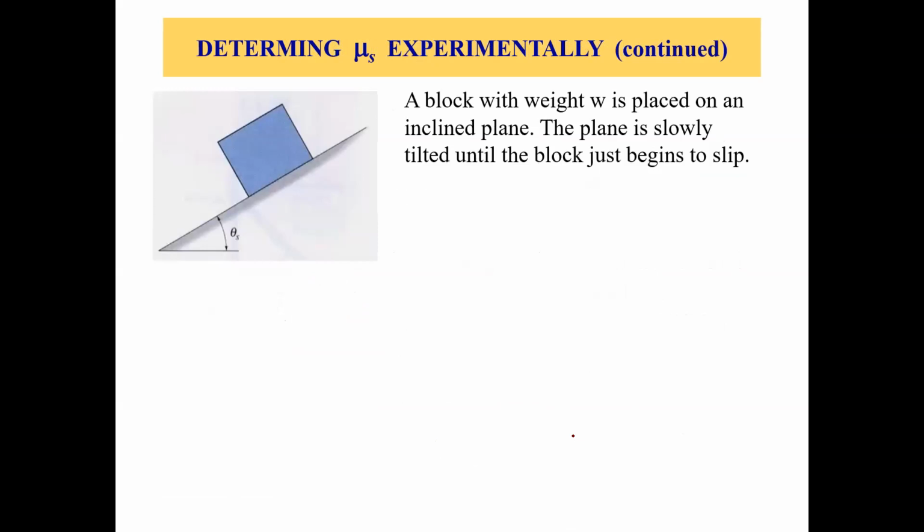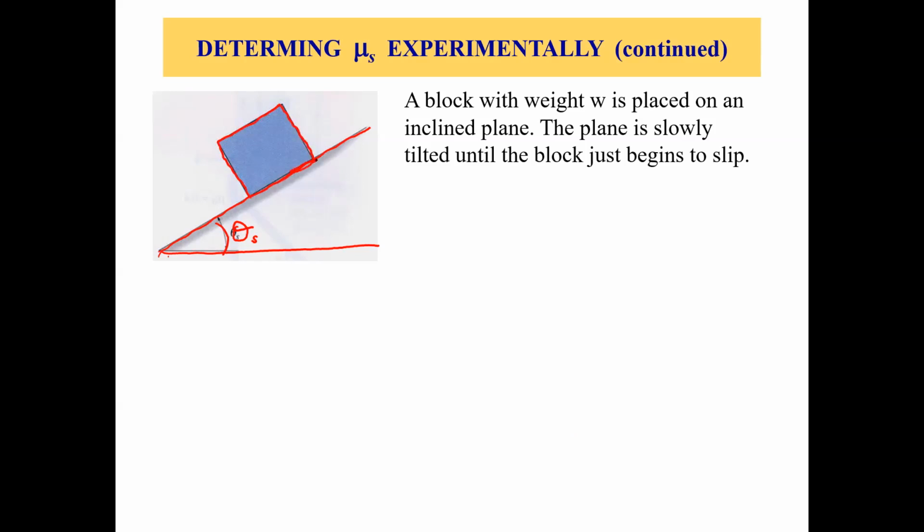Okay. Now, let's do a little experiment to find mu s, or coefficient of static friction. How can we find the static friction coefficient in the lab? So now a block with weight W is placed on an inclined plane. Let's say this is an inclined plane, inclined at some angle, let's say theta s, to the horizontal, and we have this block placed on this inclined plane.